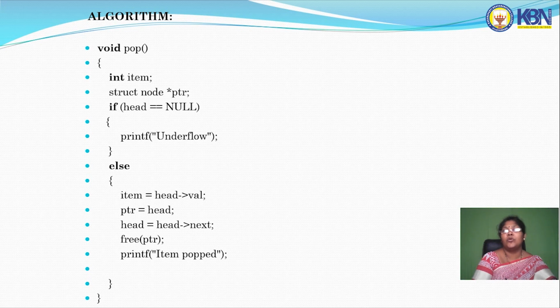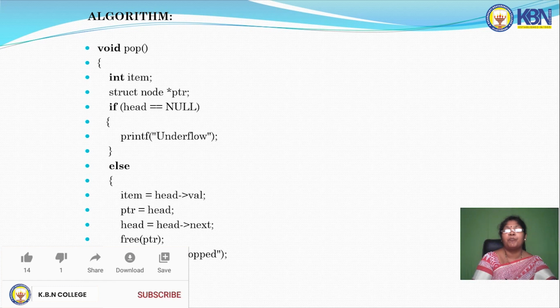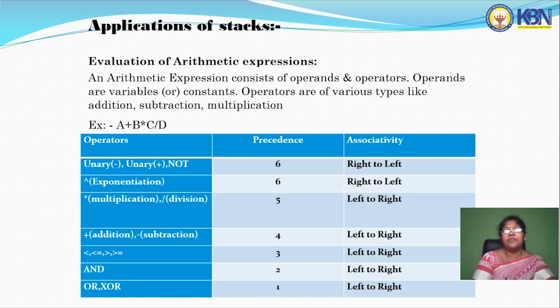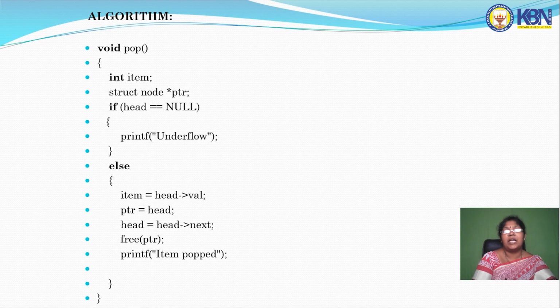That means no elements are there. If nothing is there, we can't delete anything. That's why we get underflow. Else, we have some elements. So maybe the element is the head value, and we give the link to the next value. First, item equal to head value, ptr equal to head value, we are giving the connection to the next value, and we are deleting the ptr.